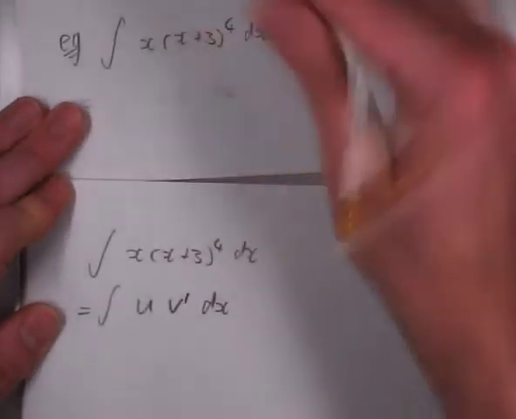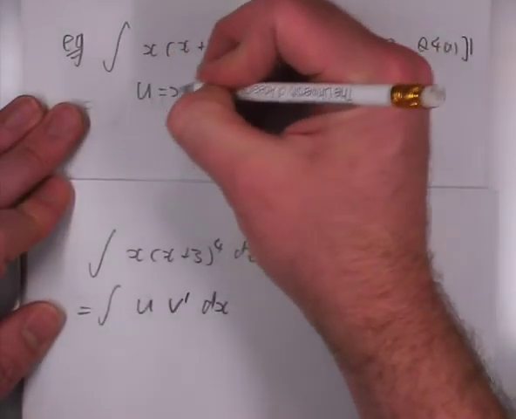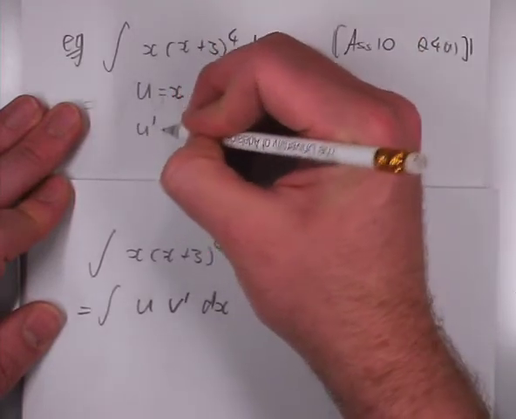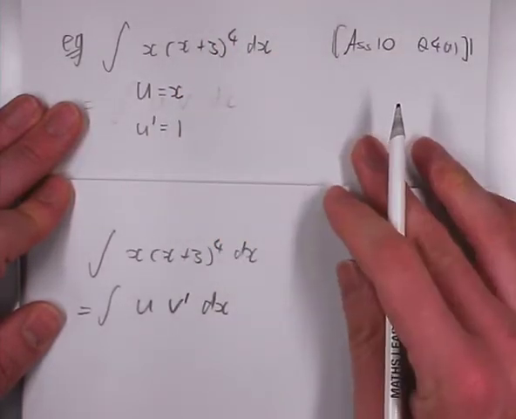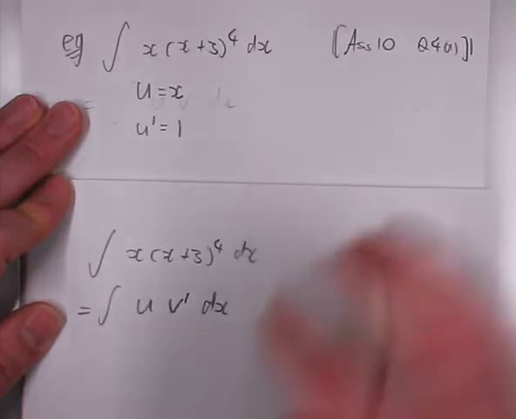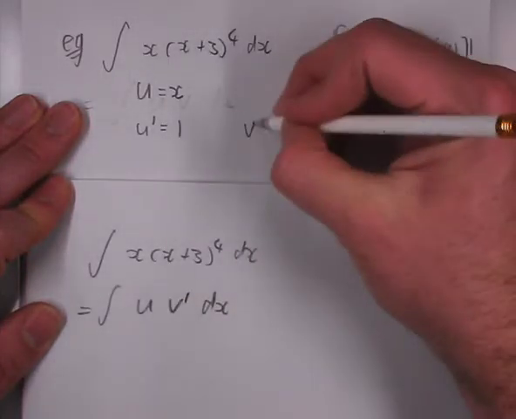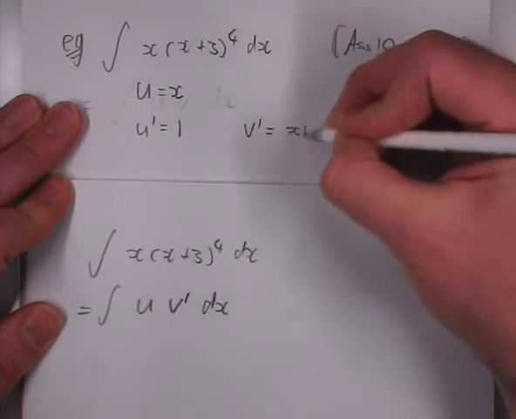So let's see, up here, u is going to be x, and so u dashed is 1, because that's the derivative of x. V dashed is x plus 3 to the 4.